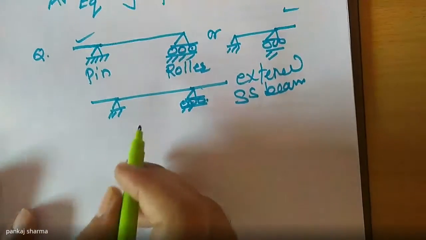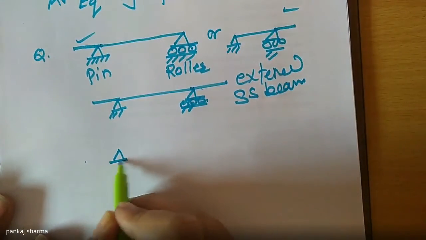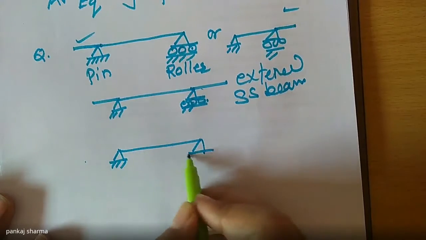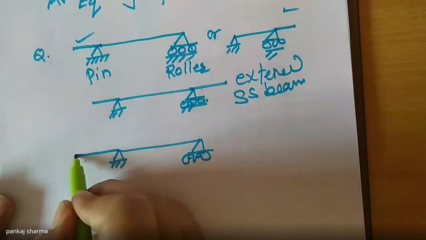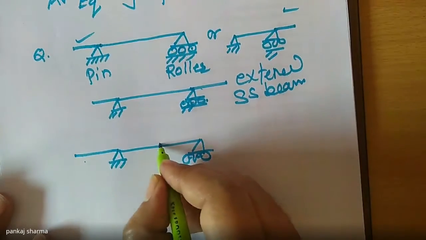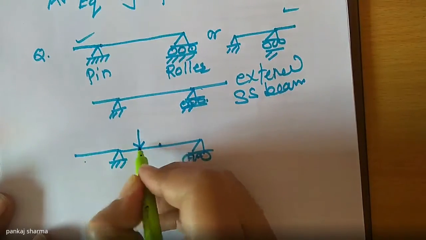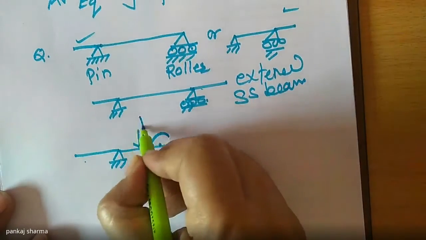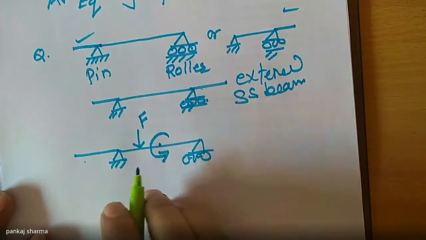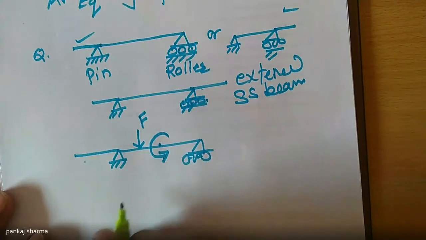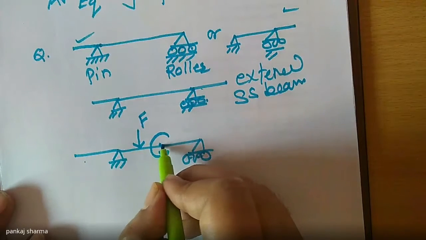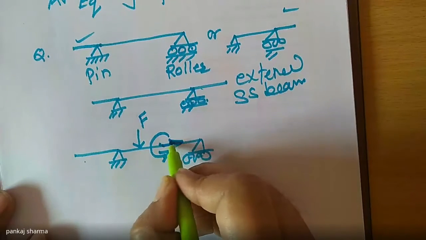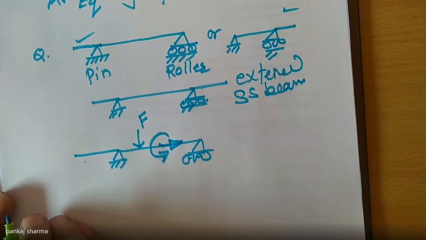Again, I am taking an example of this, the same example. An external vertical force is there, an external moment is there, and suppose an external horizontal force is there.